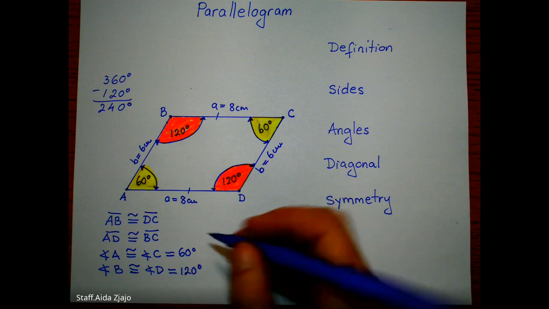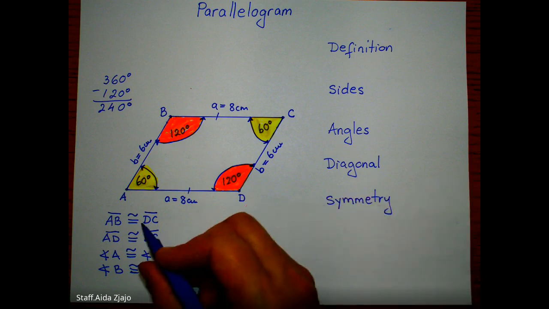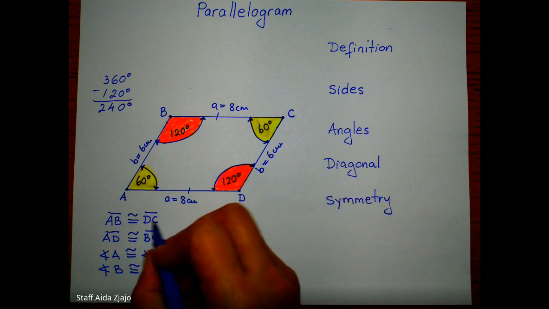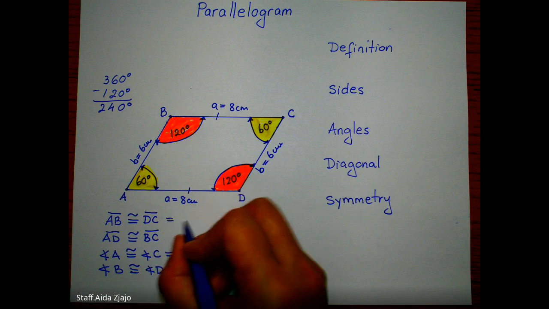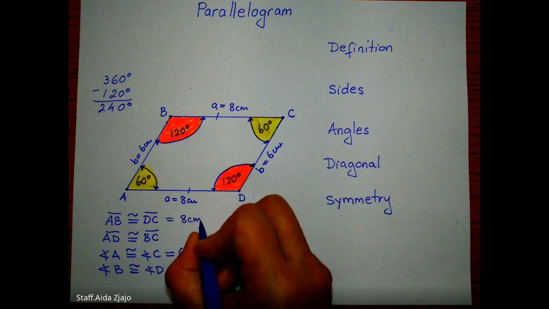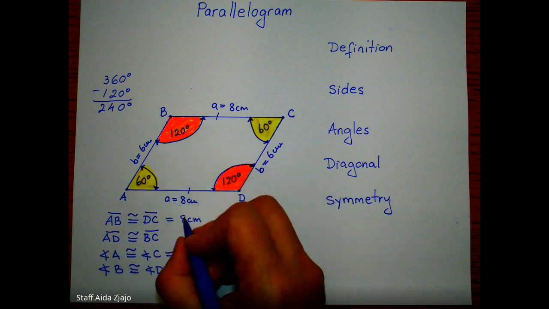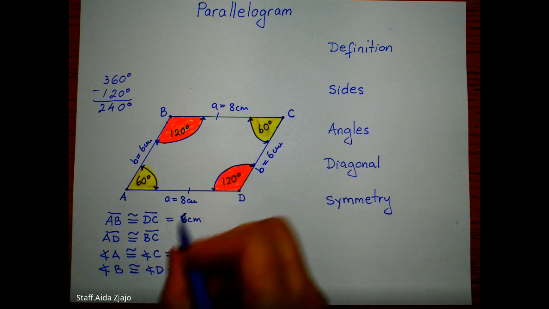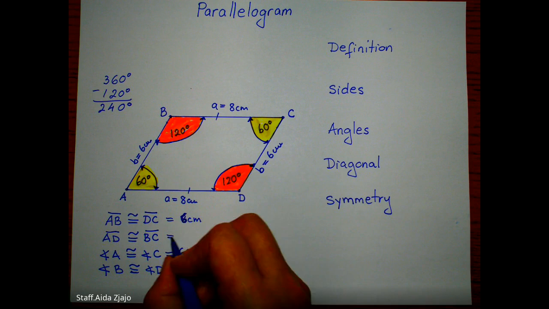We also can say that AB is congruent to DC and is equal to 6 centimeters, sorry, 6 centimeters. And then AD is congruent to BC and is equal to 8 centimeters.